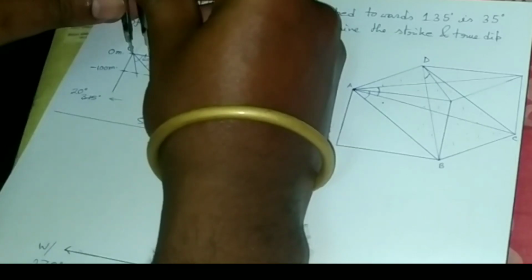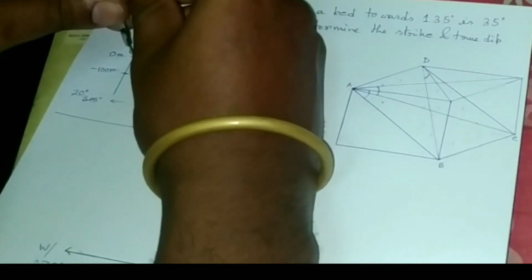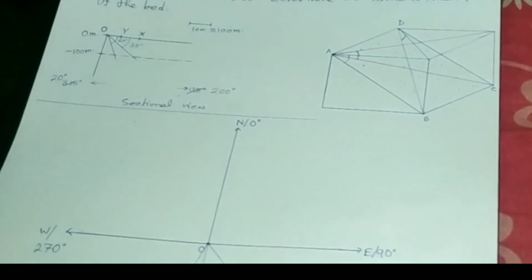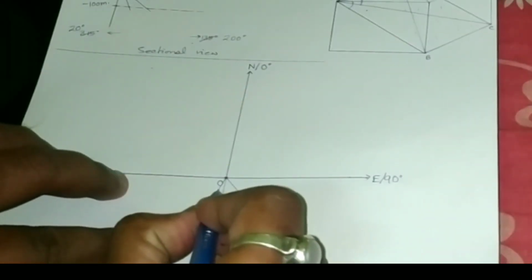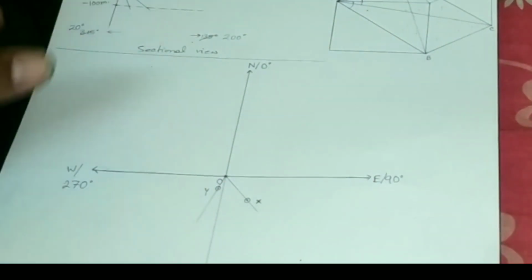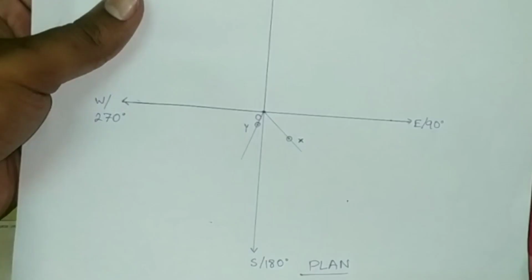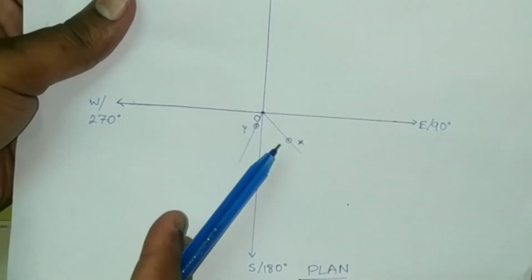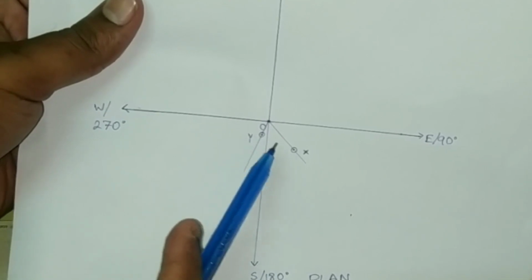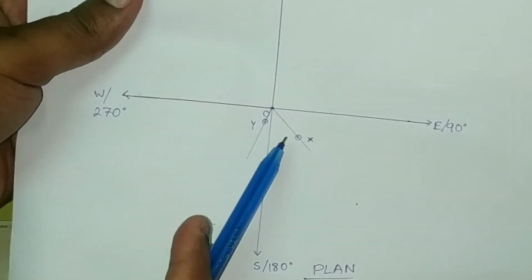So we'll again measure the OY distance by divider and we'll mark it on that 200 line. So this is the X and this is the Y point, and both are representing the stratum contour of minus 100 meter.